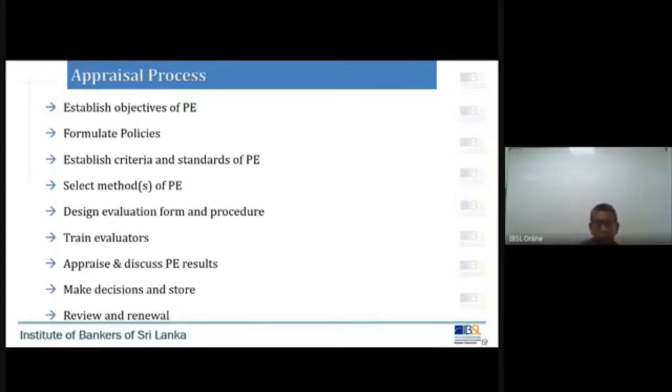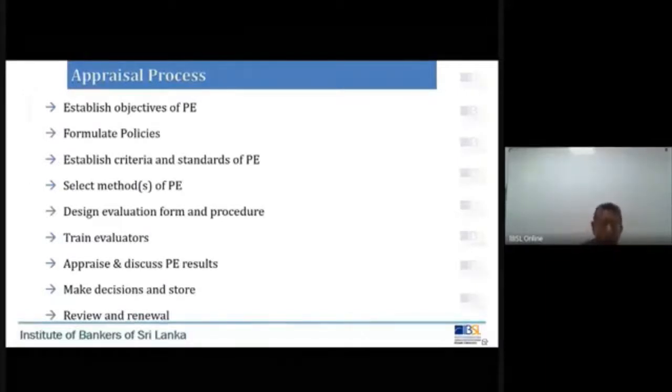Now you know who is going to evaluate you, when, and how often. Usually in the banks, the evaluation takes place yearly. But in some organizations today, evaluations take place every 6 months, every 3 months, like that. It depends on the organization, on the bank sometimes. So that is the policy of the evaluation.